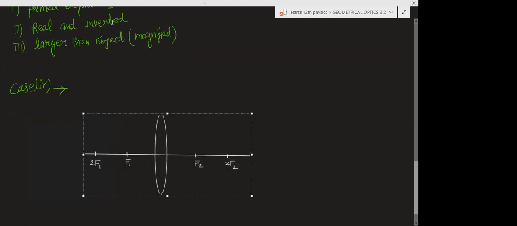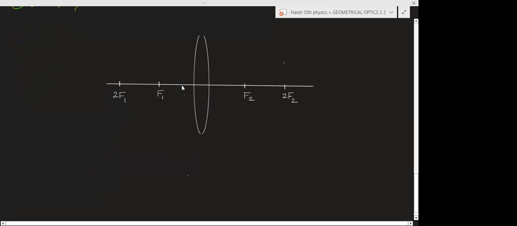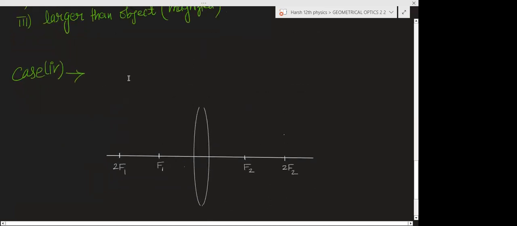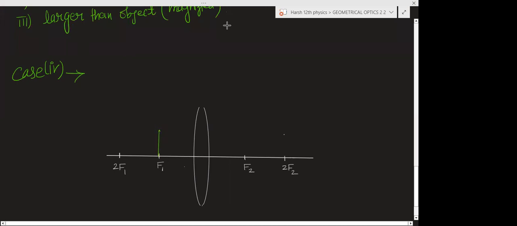So we will now place the object at f1. Again, we have shifted the object to the right.